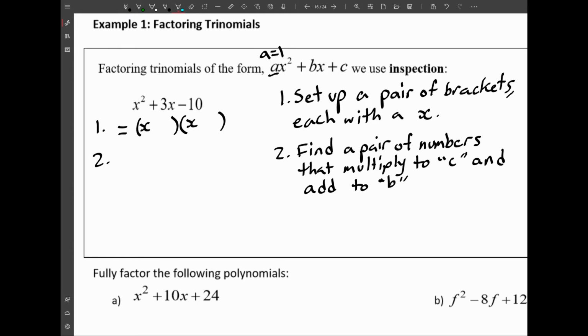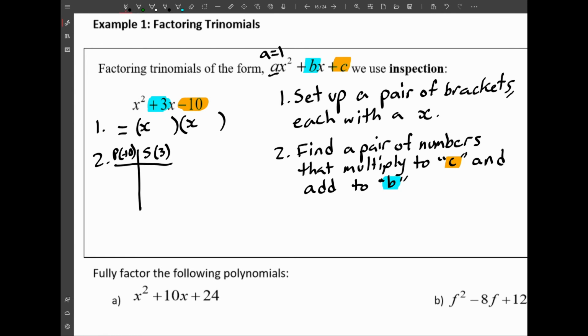So just to be clear, by b I mean the coefficient of x, and by c I mean the constant. Okay, so in this case, that's our constant, -10, and our coefficient of x is +3. So we're looking for something that multiplies to -10, a product of -10, but a sum, s, of +3.